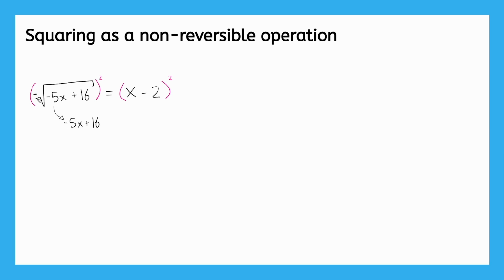So in other words, after we squared it and continued to solve for x, we were actually solving for two equations. First we were solving for the original equation, the positive version, but we were also simultaneously solving, after we squared, for the negative version of this, with a negative root of negative 5x plus 16 equal to x minus 2.